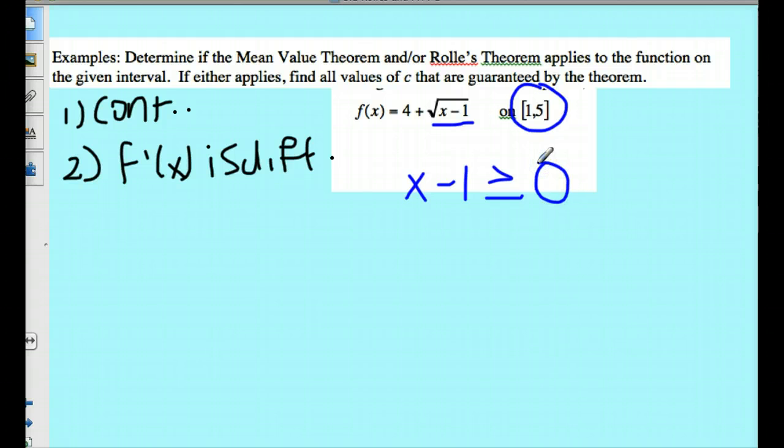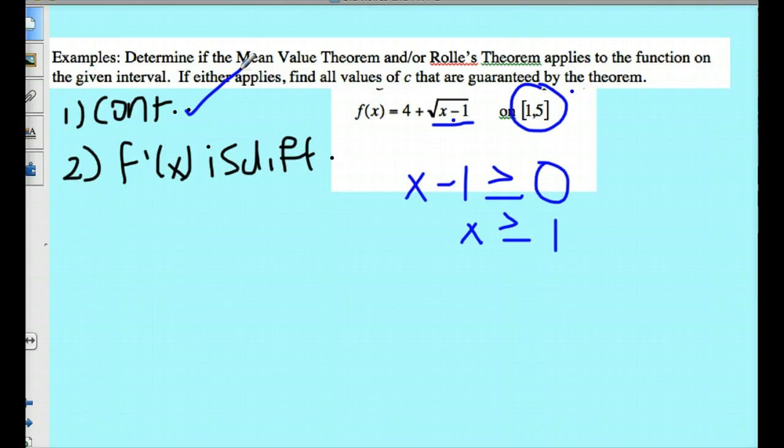If it's less than 0, we know we have a negative number in the square root, and we know that's imaginary, and we don't use those in this class. When we solve for this, we notice x has to be greater than or equal to 1. I check my interval, and I notice everything is either 1 or greater. So number 1, I know I'm continuous.